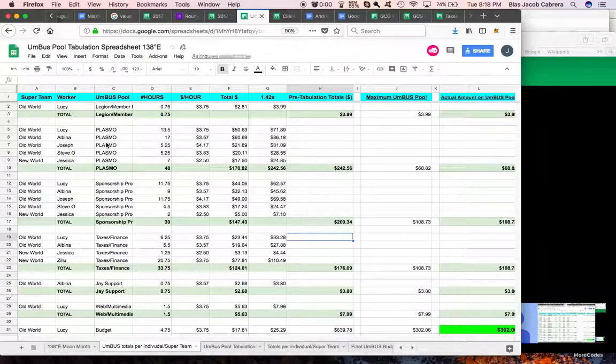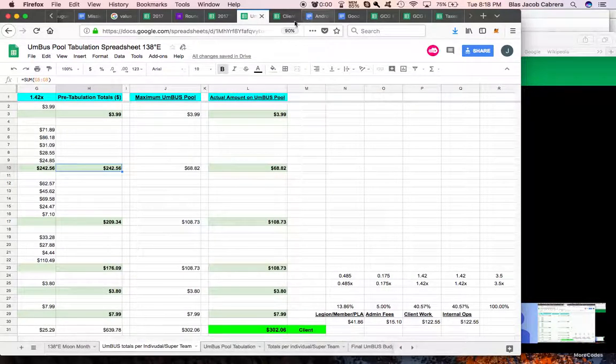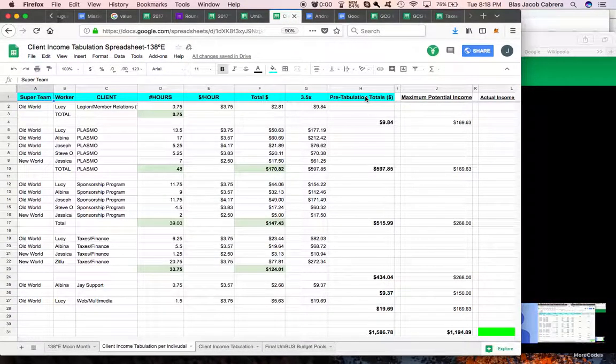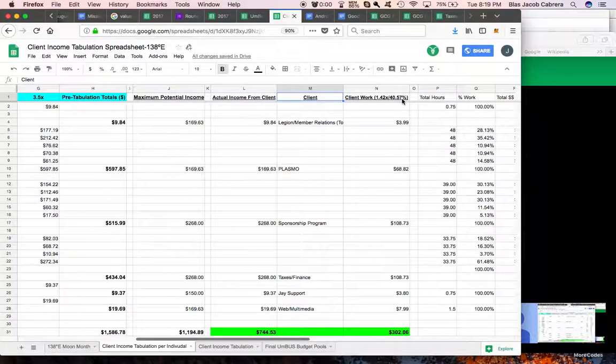So the first thing we want to do is get the total amount, right? If you come in here, you can see that we have pre-tabulation totals, maximum totals, actual income from client. So this is where we left off. Then we're going to add the actual UmBUS pool.